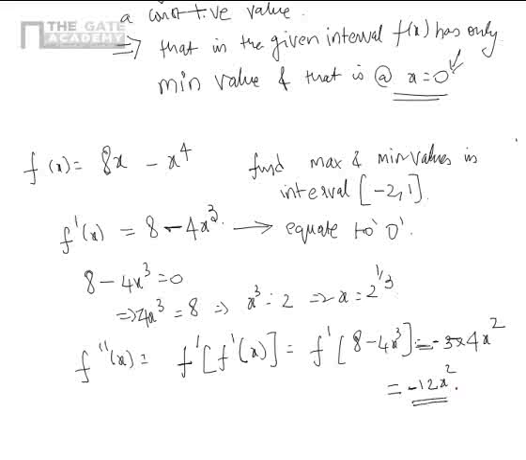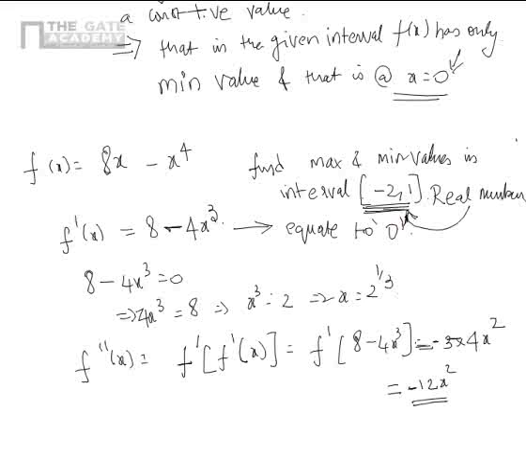In the given interval, please observe this again. This is again a tricky problem. In the given interval minus 2 comma 1, this is a real number, right? All are real numbers here.